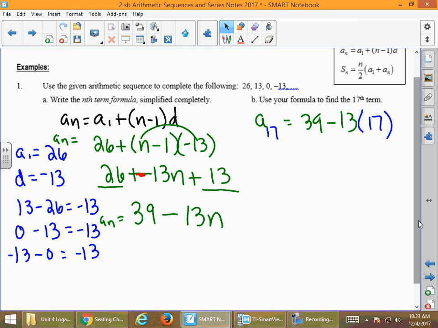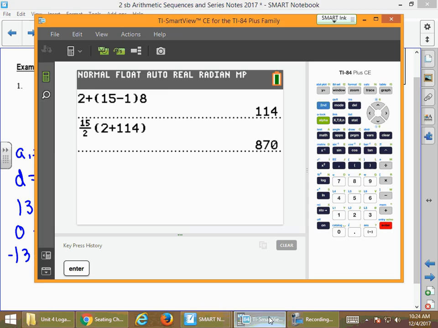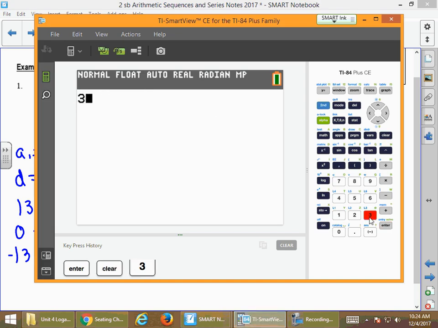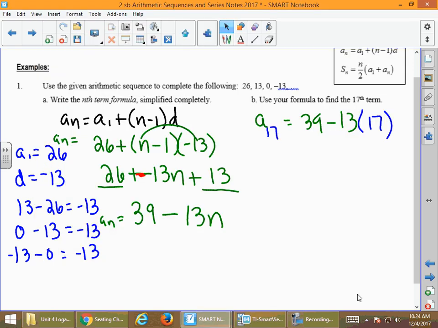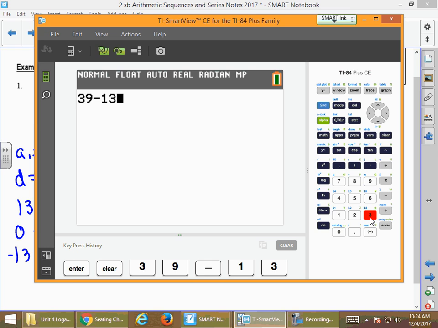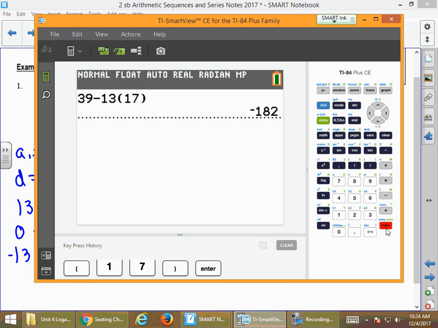and we'll type it in our calculator. 39 minus 13 times 17. What do we get? Negative 182.